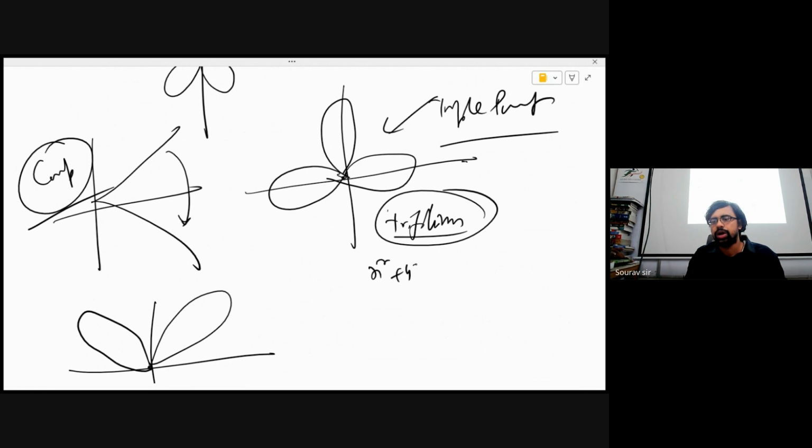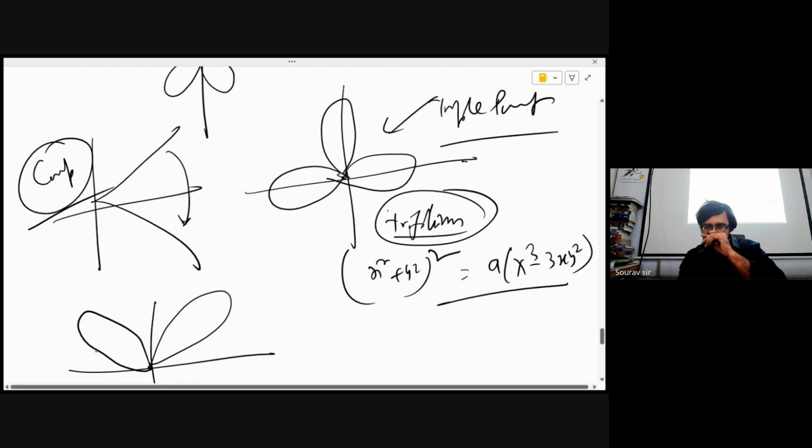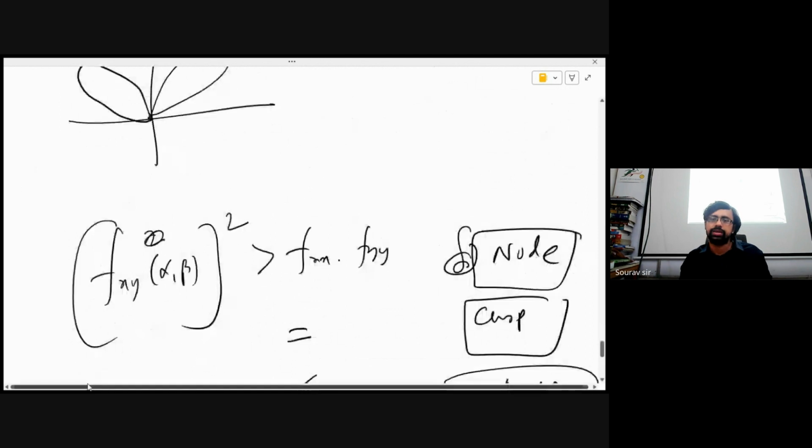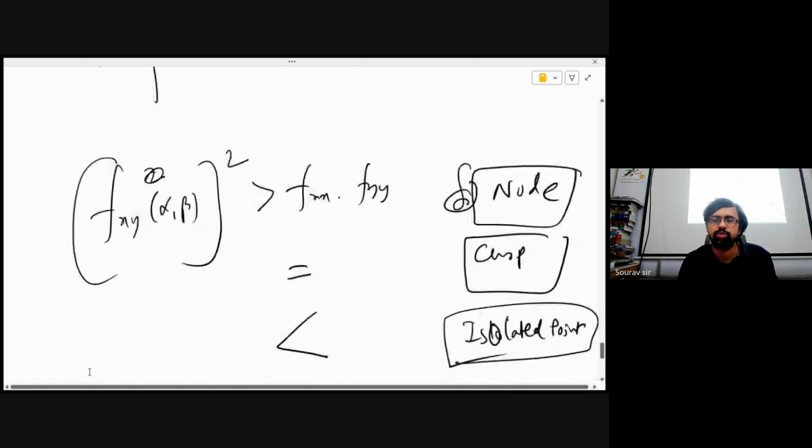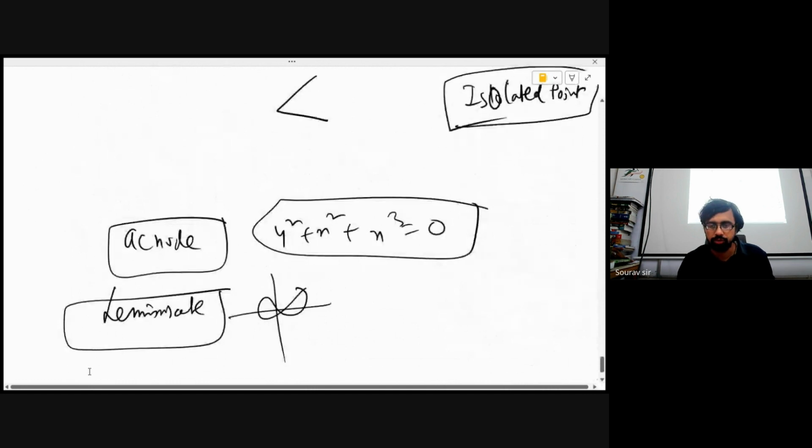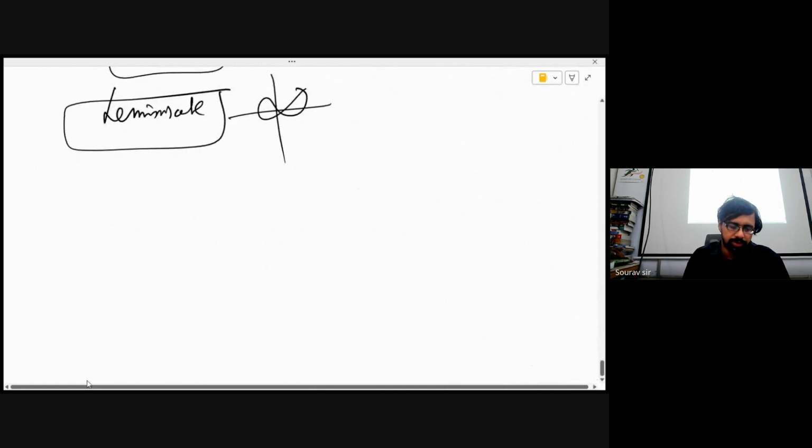So x square plus y square whole square equal to a into x cube minus 3xy square. If you want to cross-check these kind of things, there's an app called Mathematics, which is available on Android and Google. So there you can give an equation and it will show you the graph of that equation in your phone.